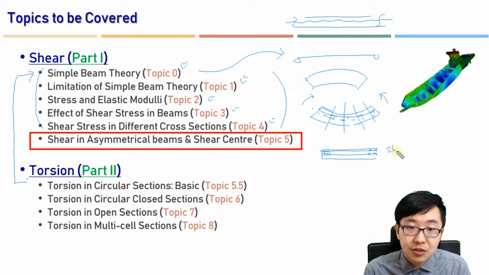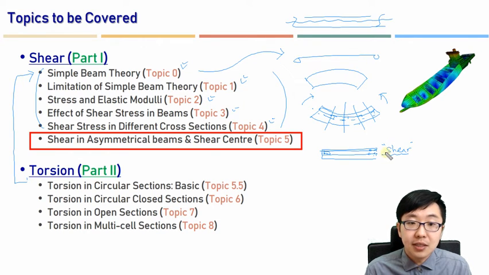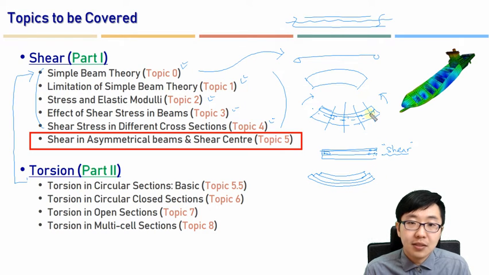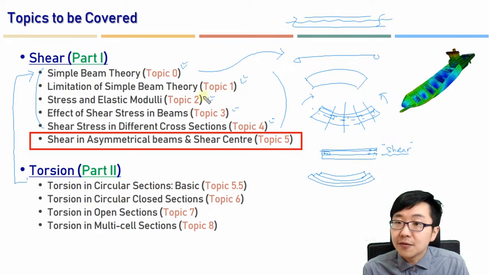This is the shear effect, raised by Timoshenko. Once we apply the actual shear here, the behavior will change like that. So we have focused on the limitation of the simple beam theory.